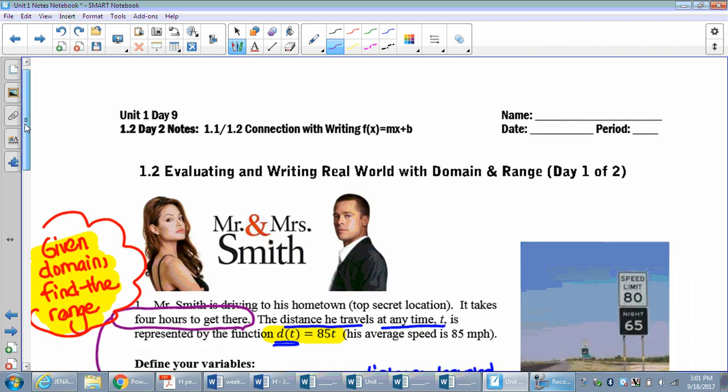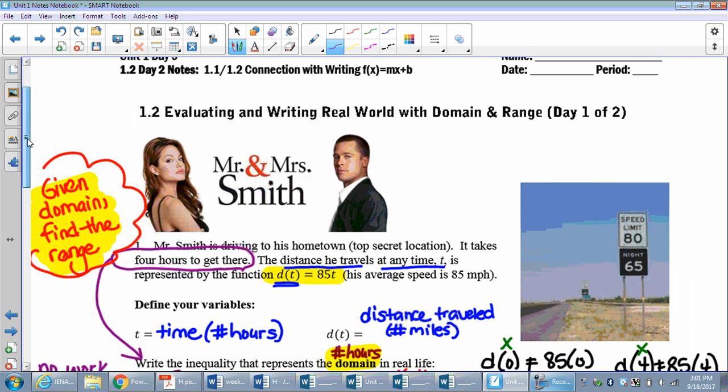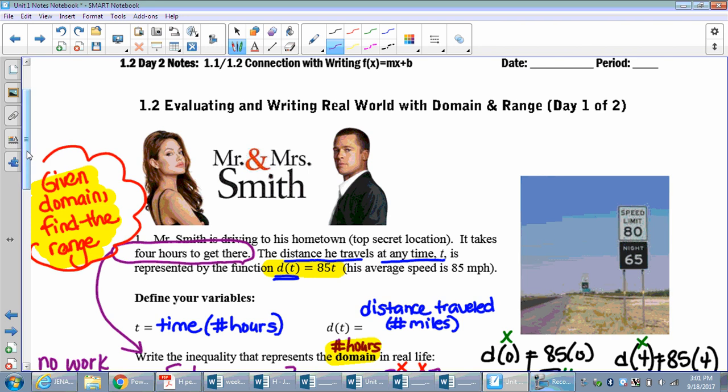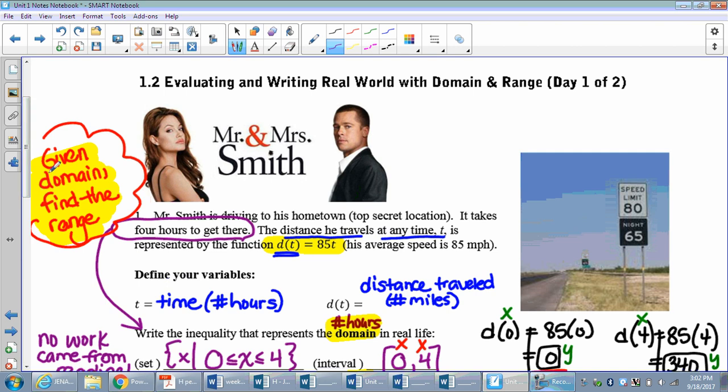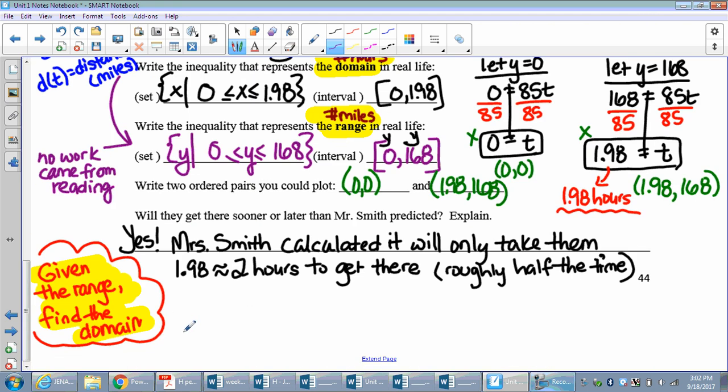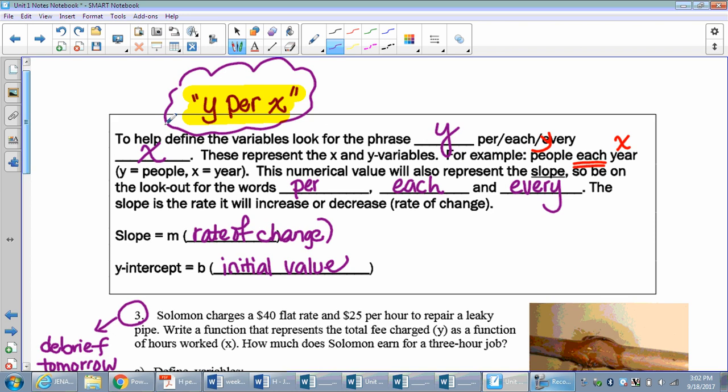By means of the Mr. and Mrs. Smith question, we really have captured the big picture of every single real-world question we've looked at up until this point, where, as we put in red and highlighted here, you're either given something about the domain and you had to go find the range, or you were given the range and you had to go find the domain. The new piece of information we're learning tonight is this idea of y per x, where when I said per, it could be per, each, or every.